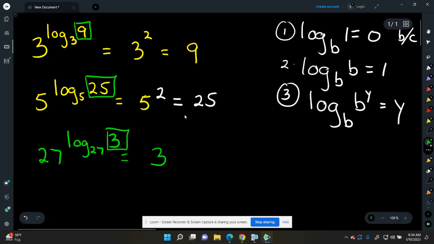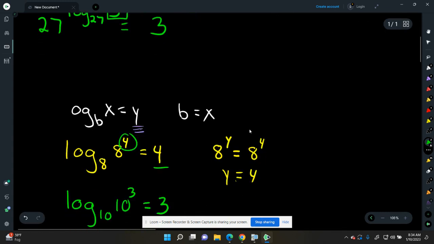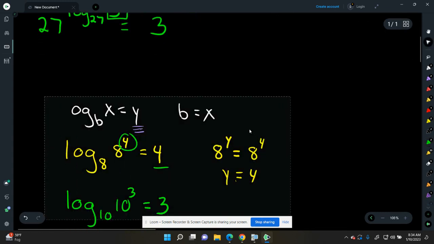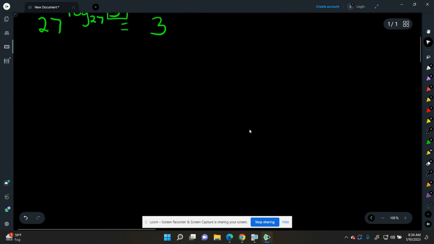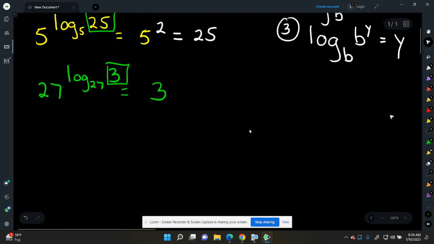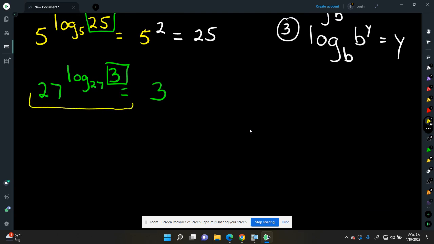So let's look at what's actually happening here based on our definition, because this one gets a little tricky. If you look at this form, this is not a logarithmic form, this is an exponential form. So this means that I have b to the y equals x. Right? That's exponential form.